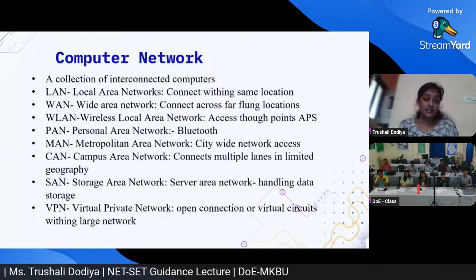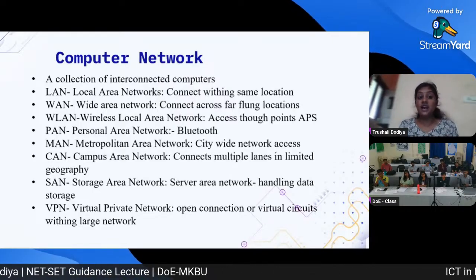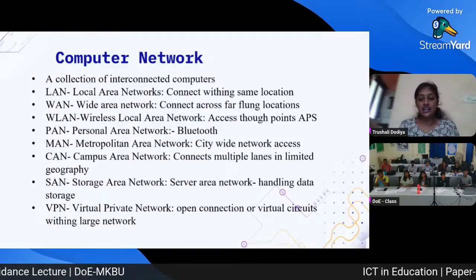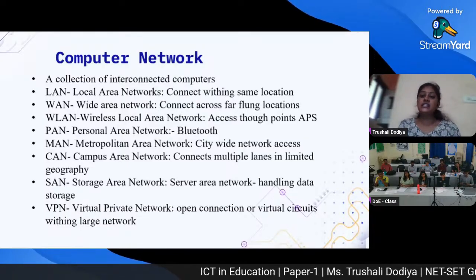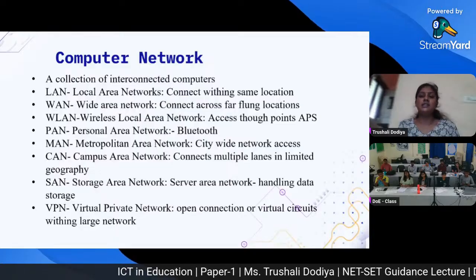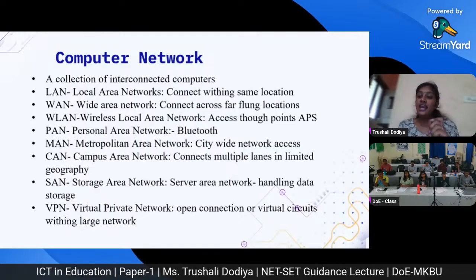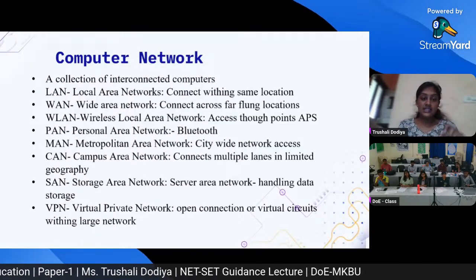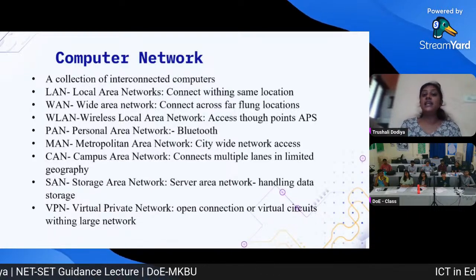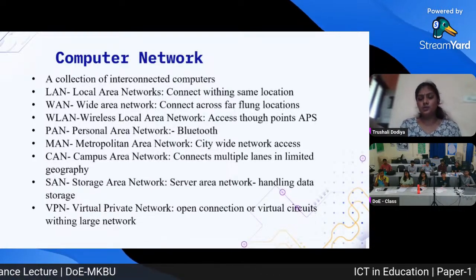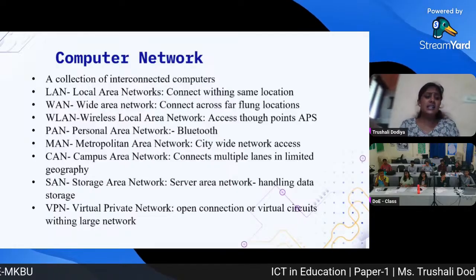Third one is WLAN, which is wireless local area network, which can be accessed through access points, generally known as APs. Then there is the PAN network, which stands for Personal Area Network, something like Bluetooth. Through Bluetooth, we get connected.